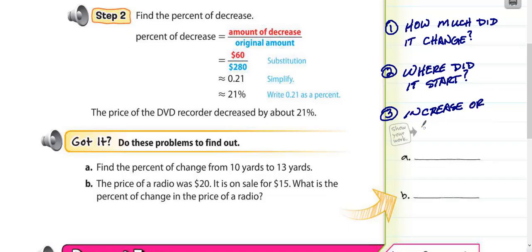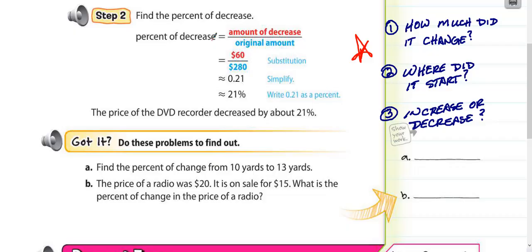When we label it, we need to either label it as an increase or a decrease. These three questions are the whole thing of this. If you can remember those 3 questions, if this seems complicated, it really comes down to those 3 questions. How much did it change?